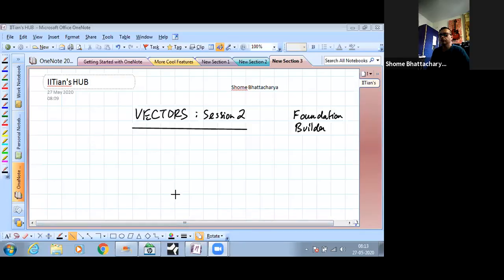So we will start with a quick recap of some of the things we looked at in the first session. So we had understood the difference between scalars and vectors. That was the first thing we saw as physical quantities.